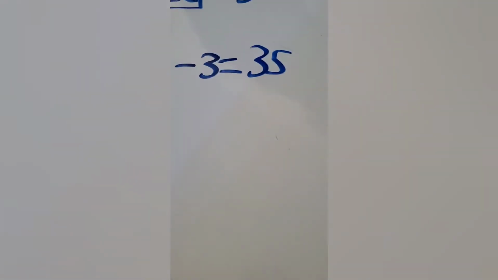Now if I solve this mentally, I just have to count backwards by 3 from 38. Okay, so 38, 37, 36, 35. My answer is 35. Yay! I got it! Isn't that cool?